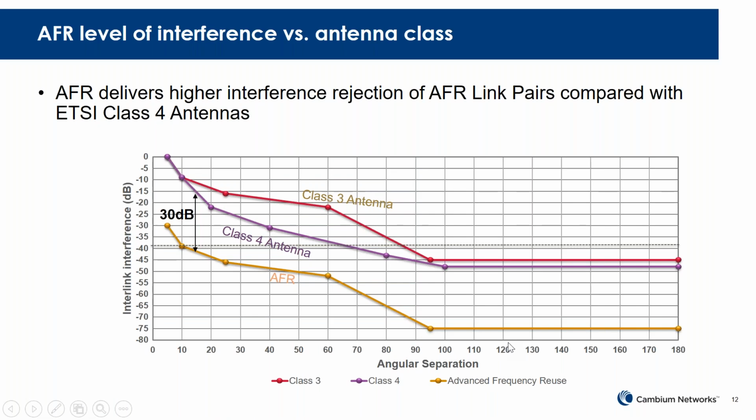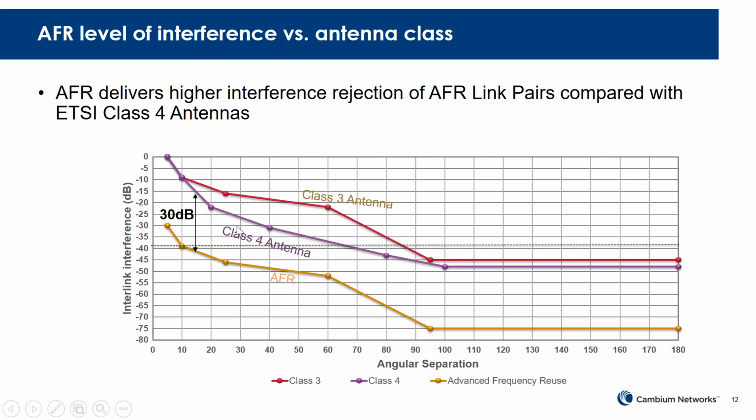And this chart shows the benefit of enabling AFR compared to not enabling the AFR. Let's take an ETSI class 4 antenna, for example. You can see when you enable AFR at a 15-degree angular separation, the co-channel interference is reduced by 30 dB.